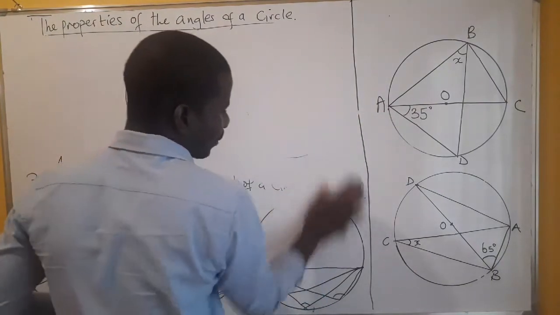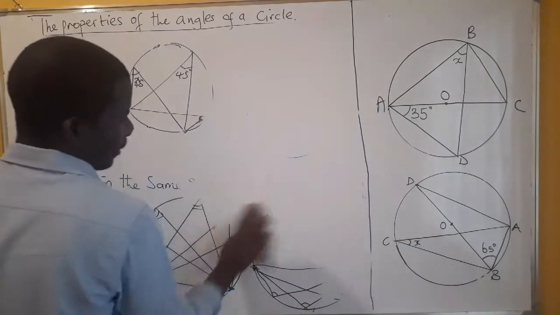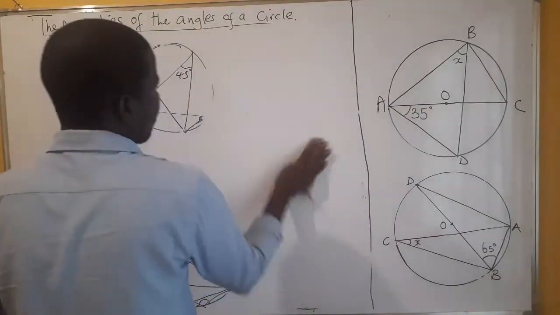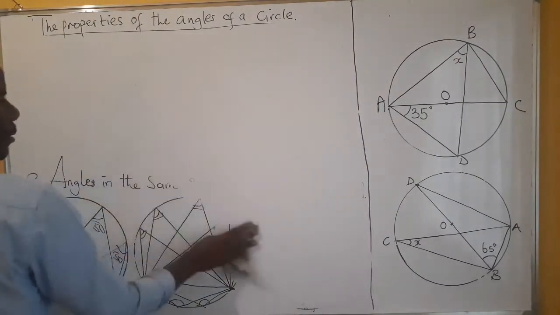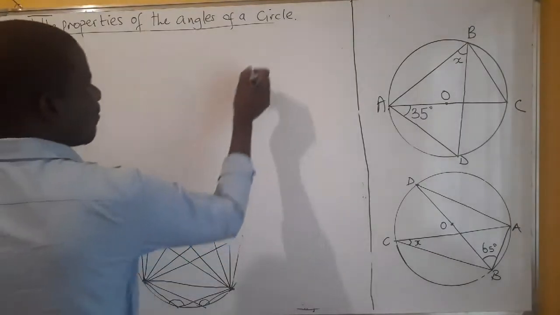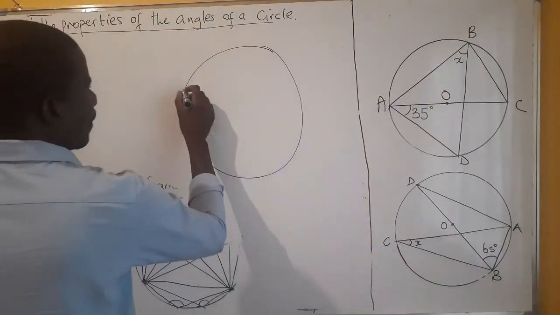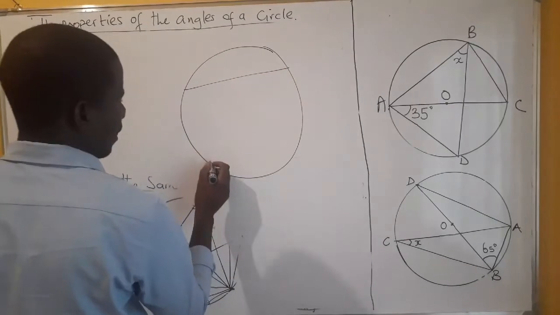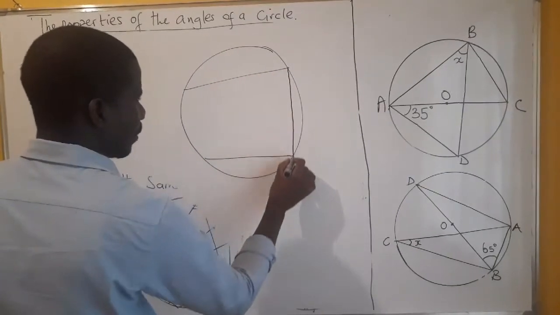Let me also just talk about something before I come to these examples. If I have a circle here, then I have got this part. I also have another one here. And we connect this one.